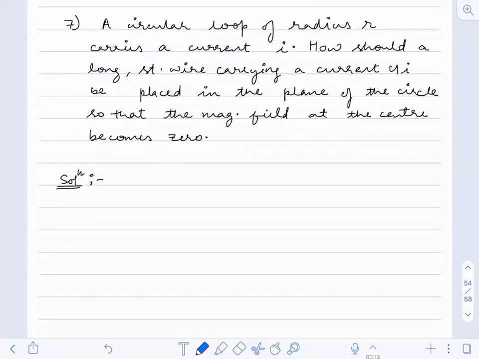So let us draw that. We have a circular loop like this, of radius small r. It carries a current I. The direction is not given, so I am assuming clockwise current.